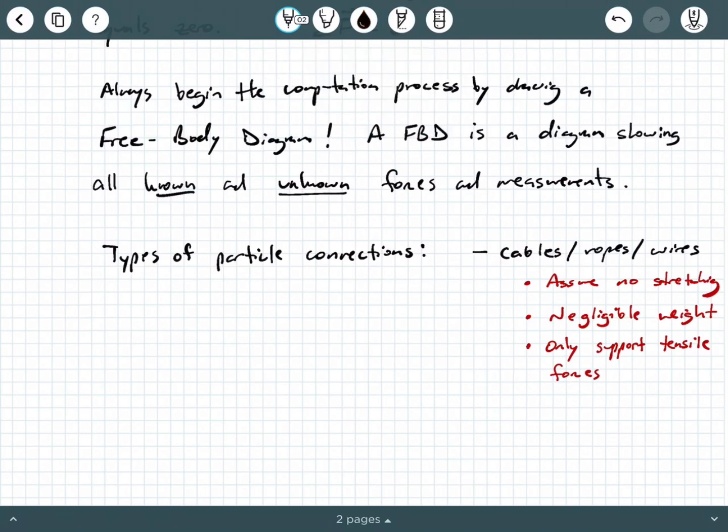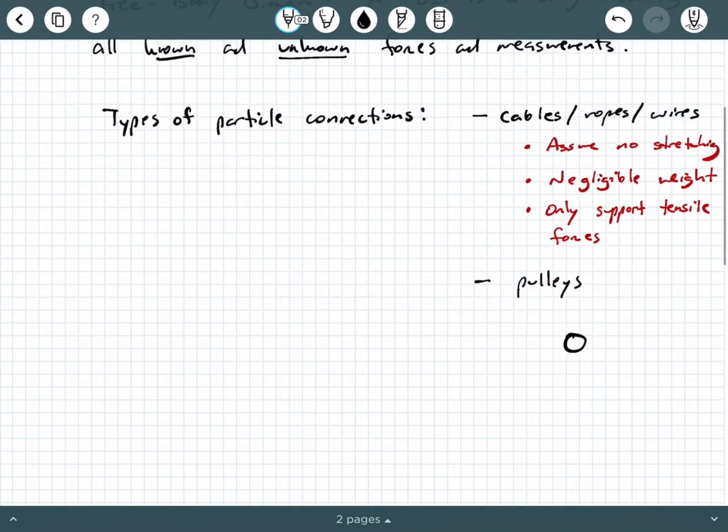And the next type of particle connection that we may deal with is a pulley system. So pulleys, all right? Now, how do pulleys work? Well, pulleys are typically drawn like a circle, and they end up having a cable or rope wrapped around it somehow.